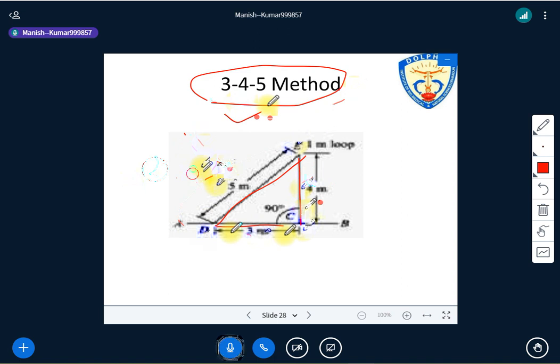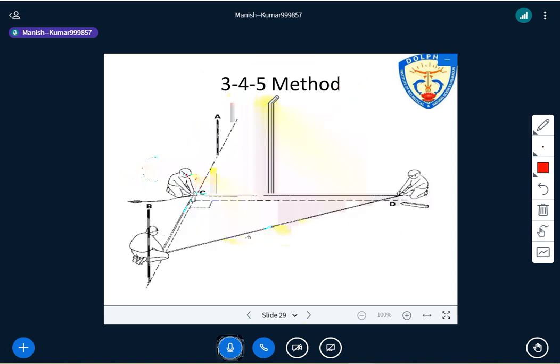How is the method done? Let's look at it. You fix one point and make the base. You take 3 meters here, then 4 meters, and if it is 3 and 4, there should be 5 meters. If it is not 5, you have to adjust your position. For example, this is the chain line, so it will be a straight line, no issue in that.